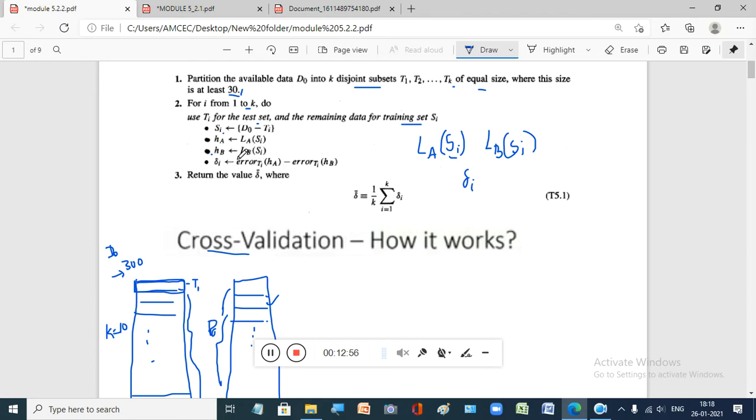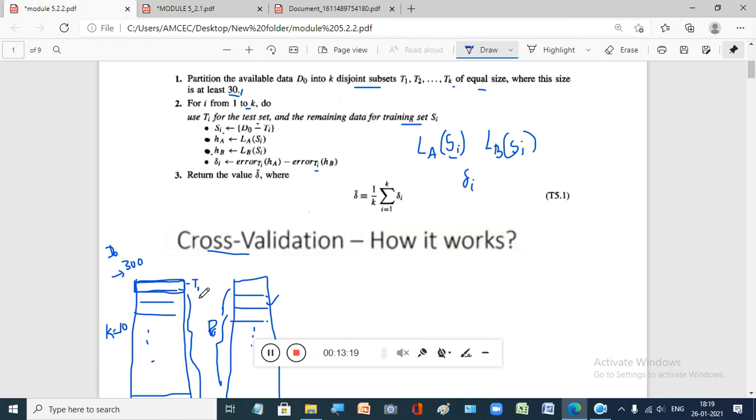You use this test data T1 and find the error you get with learning algorithm A. Then again you test the learning algorithm B with this data set T1 and get its difference, which you call delta i. This is what we do for i equal to 1.